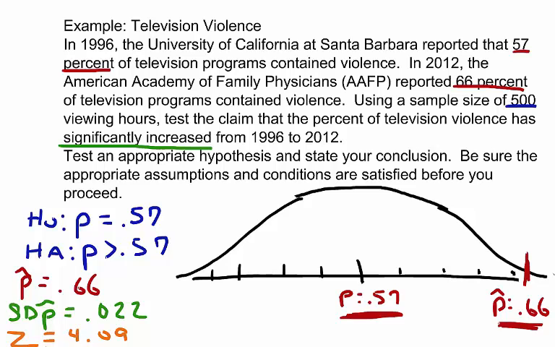In other words, in the likelihood that 57% of television programs contain violence, for a sample like this one, how likely is it that we would see another sample where 66% of television shows contain violence? We want to know what is the likelihood of 66% occurring if the 57% is true.